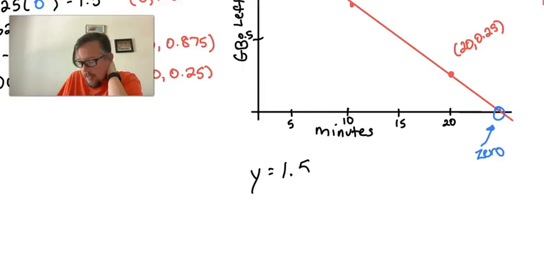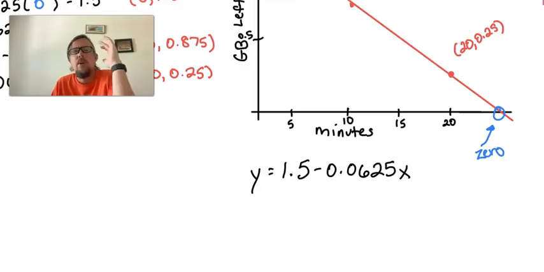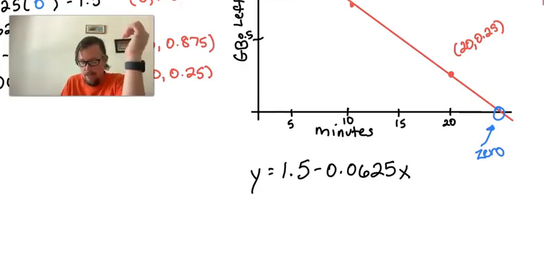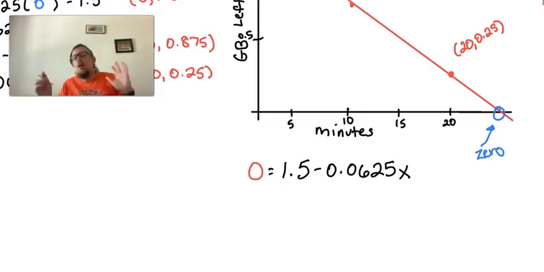Now we're at that point, where we're going to replace the y with 0. So instead of y equals, we're going to do 0 equals. And we're going to see if we can figure out what the solution to this equation is.